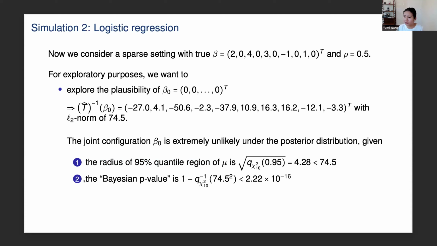Or another alternative is I can compute this Bayesian p-value by feeding this norm into the chi-square distribution. Because it's extremely unlikely, in this case it's smaller than the machine precision, 2 to the 10 minus 16. So either way, you will find that at least this naive null value is extremely unlikely.